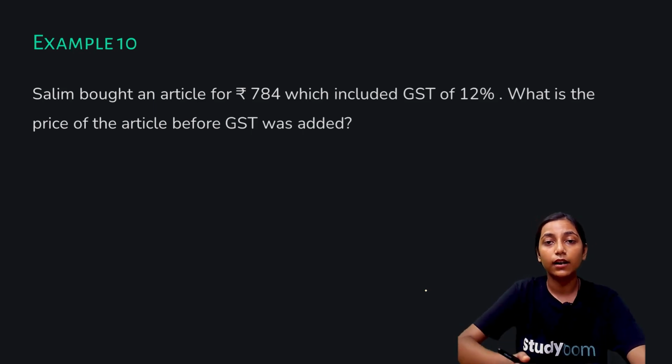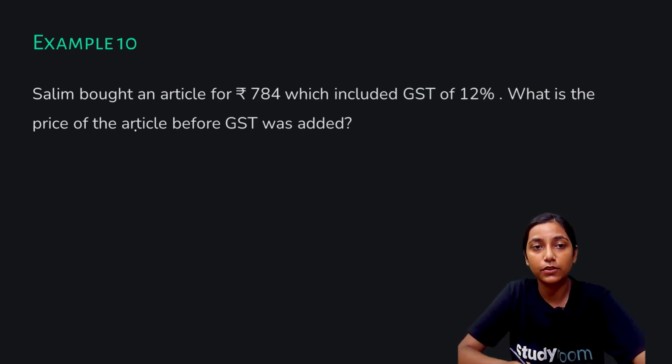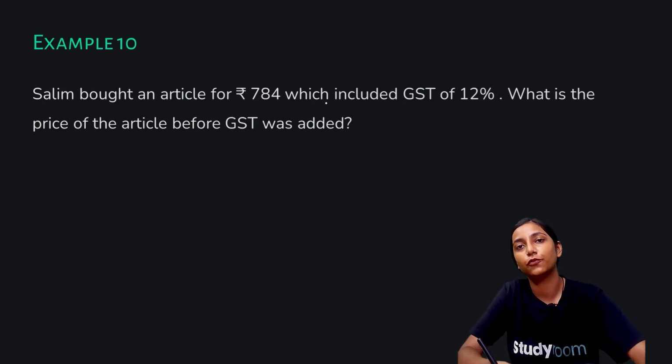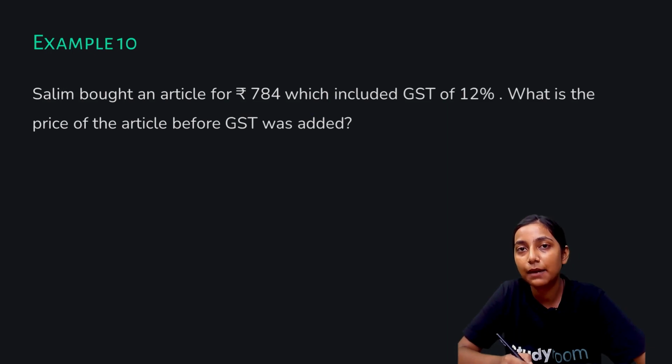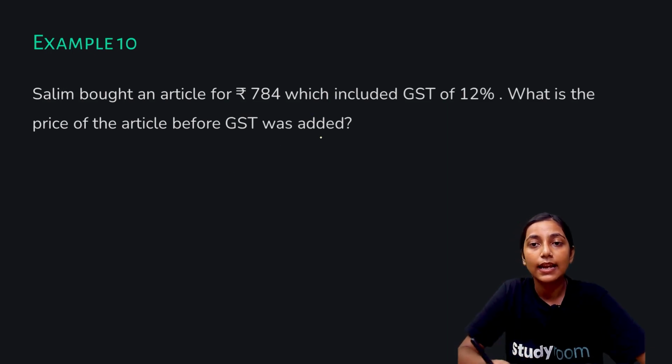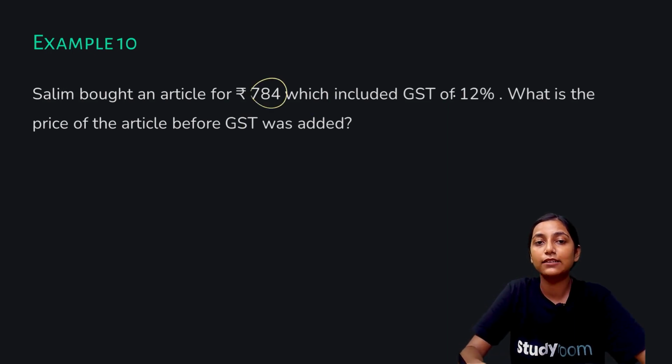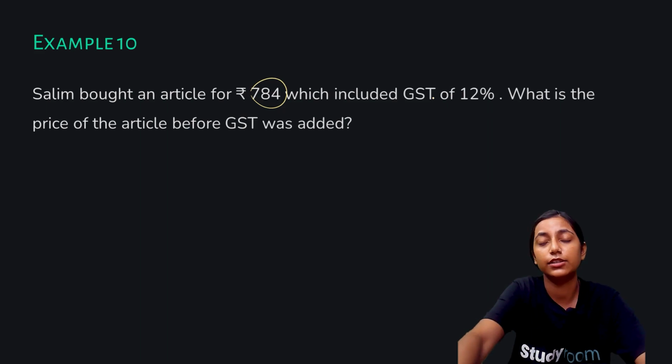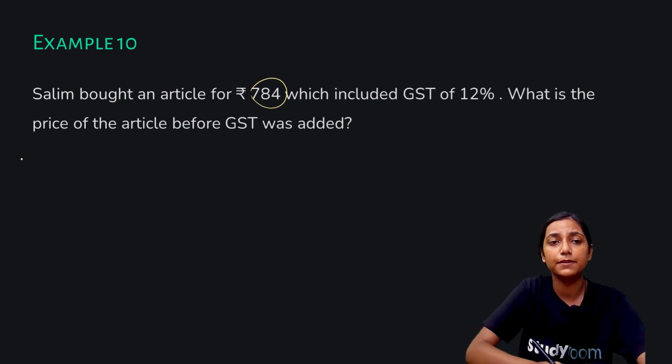Now another one, just like the previous one. Salim bought an article for 784 rupees which included GST of 12%. Now in the previous example, VAT was already included. In this example, GST of 12% is already included in this amount. What is the price of the article before GST was added? Just like the previous example, same steps.